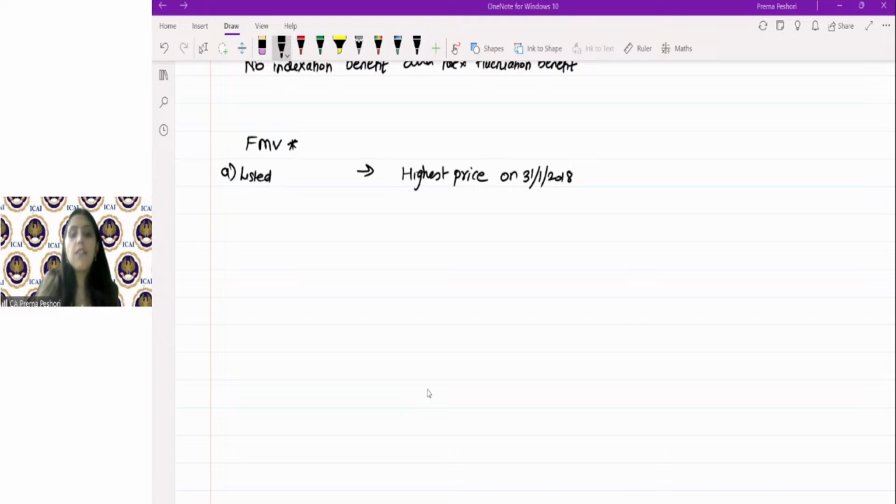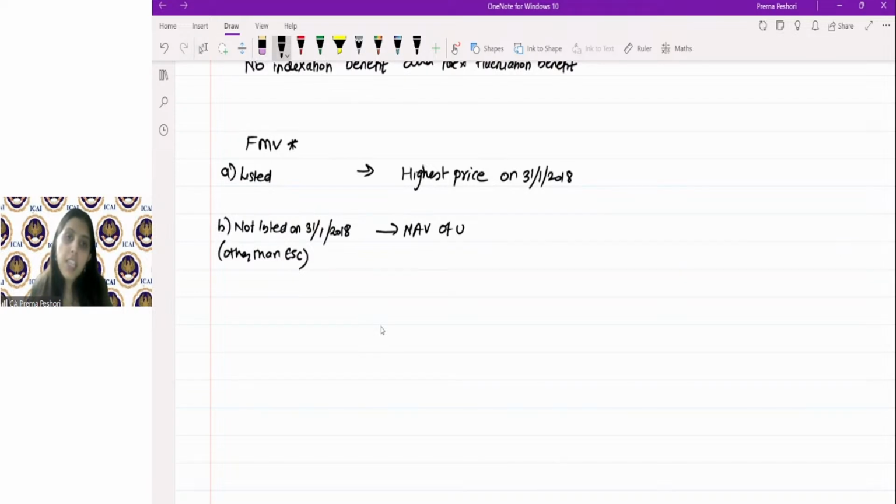Now, in case the shares are not listed on 31st January 2018, other than equity share capital, meaning equity oriented mutual funds or units of business trust, then in that particular case, it is the NAV of the unit.